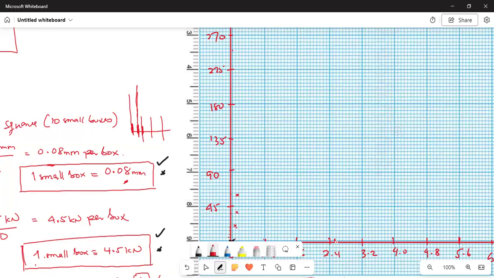So I trace this point. Where is it? This point all the way here. All the way here. Okay. So now this point I'll take.